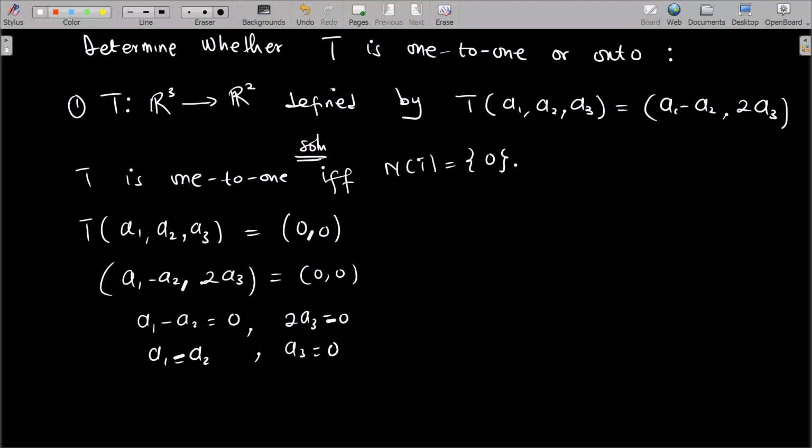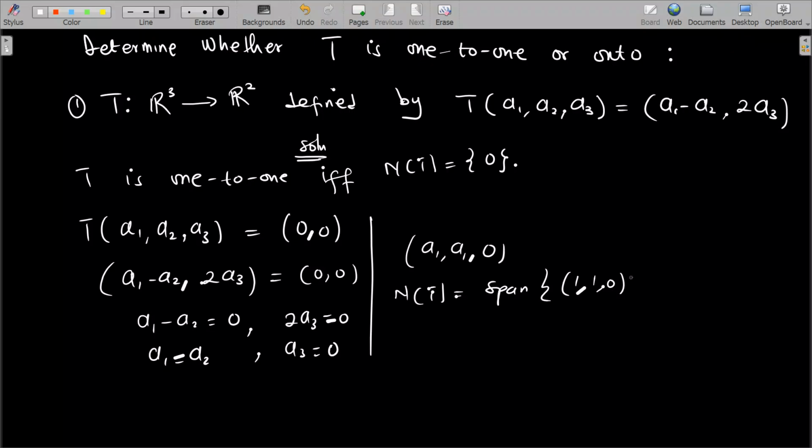So the null space of this transformation consists of vectors of the form a1, a1, 0. That is, the null space of T is equal to the span of the vector 1, 1, 0, because a1 comes out and then 1, 1, 0.